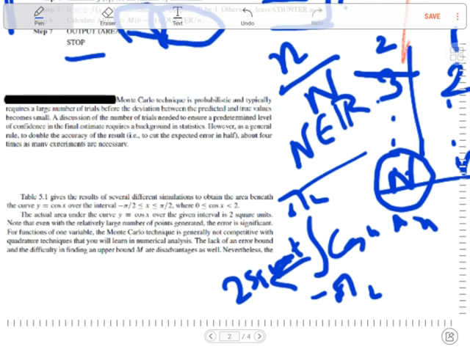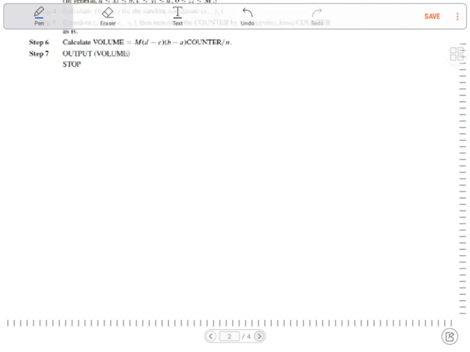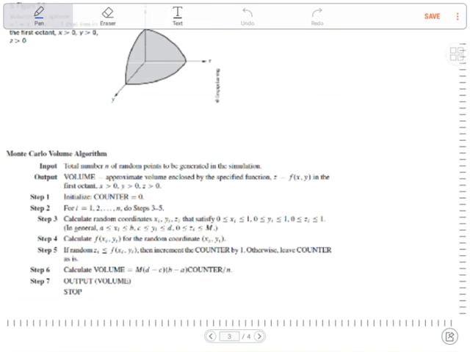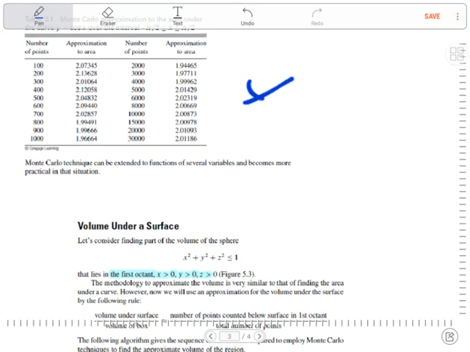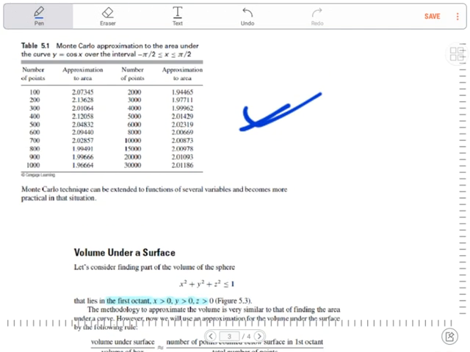In this table you can see the approximation to the area. If you take 100 points, this is the value coming from the Monte Carlo simulation. If you take 200 points, this is the value, and so on.